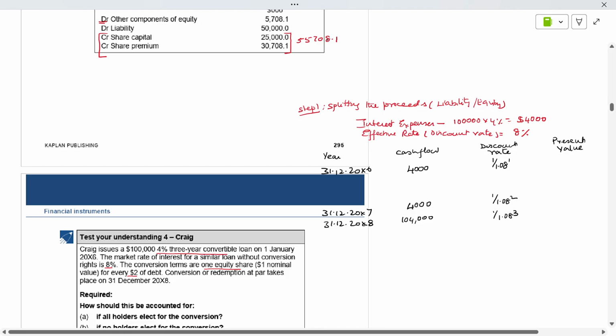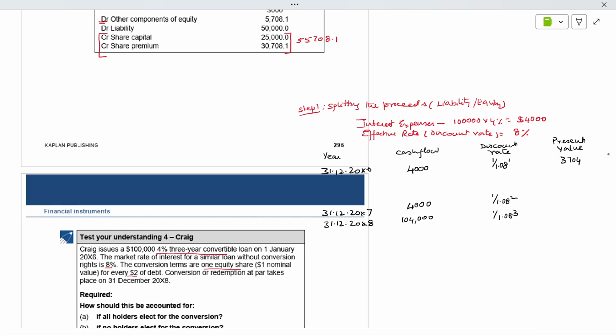Tell me how much you will get? $4,000 divided by 1.08: 3703.7, rounding off 3704.